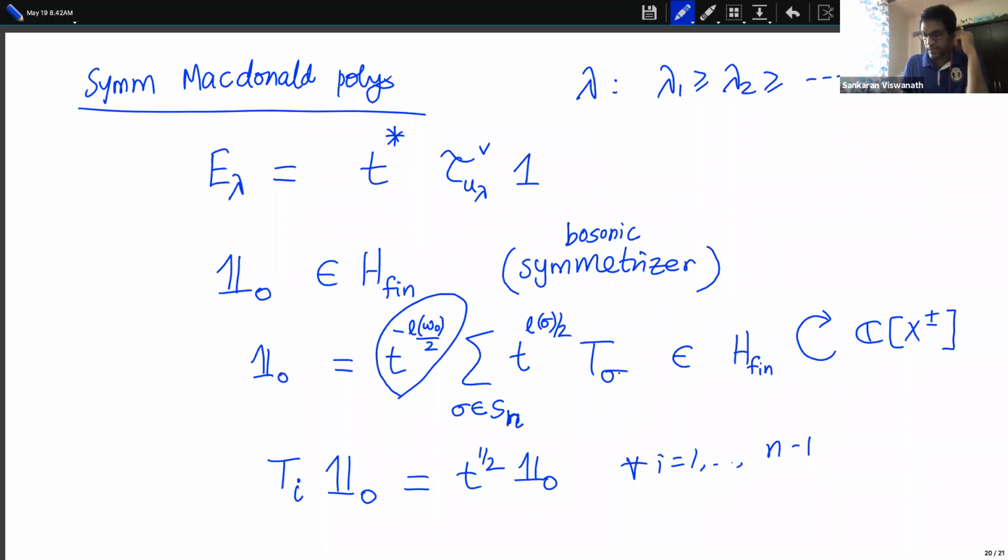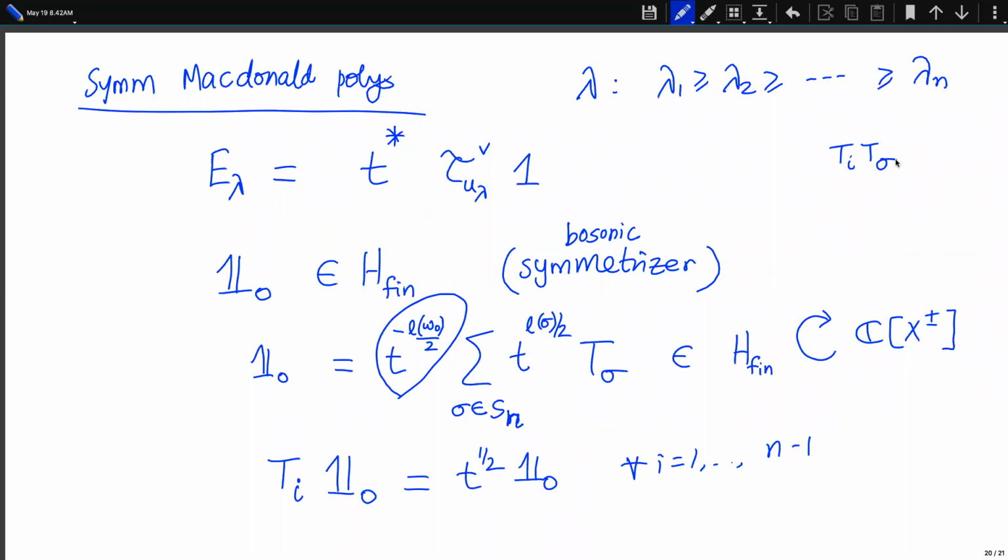So what we are saying is you take this element, you multiply, and you'll have to look at what happens to things of the form Ti T sigmas. If the length goes up, then it's just T of SI sigma. If the length goes down, then you will get that term plus this additional T sigma term. I see. So this is in the Hecke algebra itself. Yes. Ah, okay, thanks.